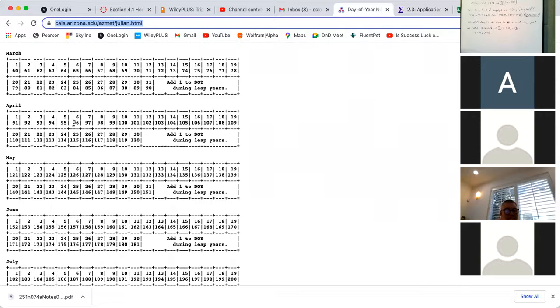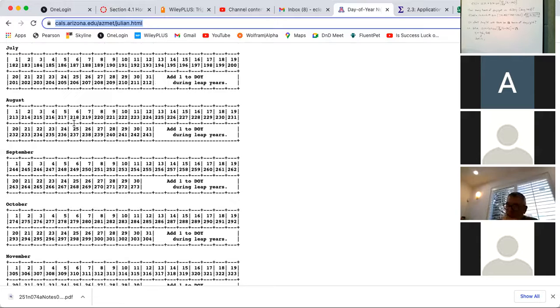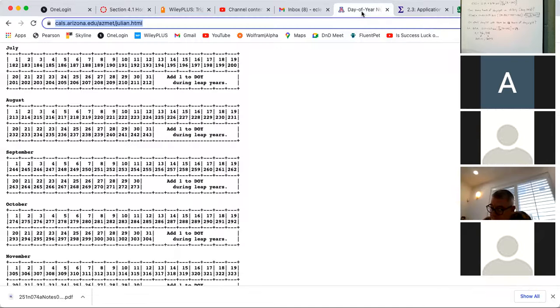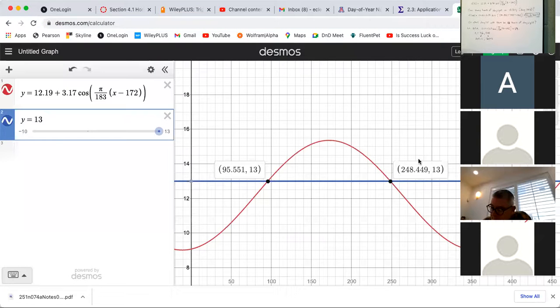Day 96 is April 6th, and day 248 is September 5th. So on April 6th and September 5th, it looks like we'll have 13 hours of daylight. I had to look it up because I can't do those calculations.